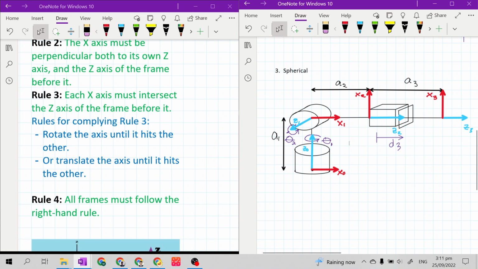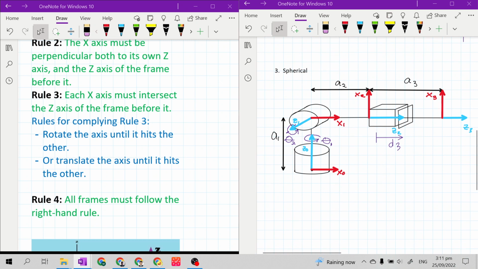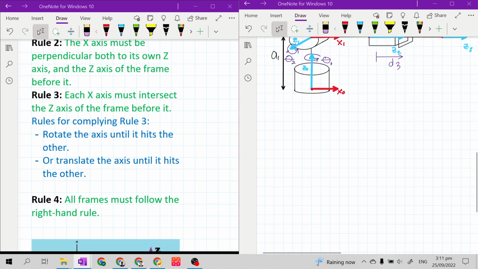If you try to look at the front view, you will see z sub 1 is just a dot, while x sub 2 is an arrow pointing upward. So let's cite an example.